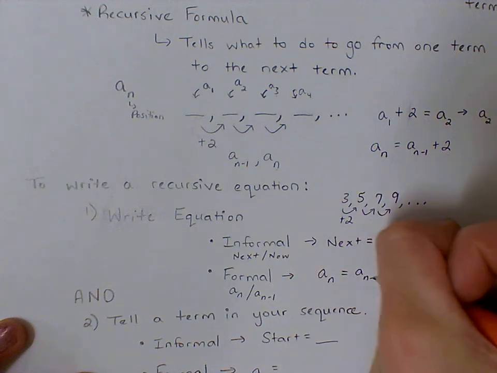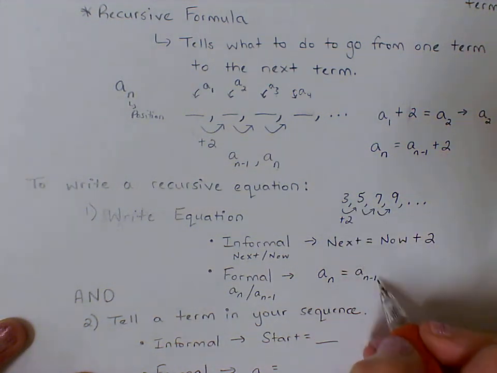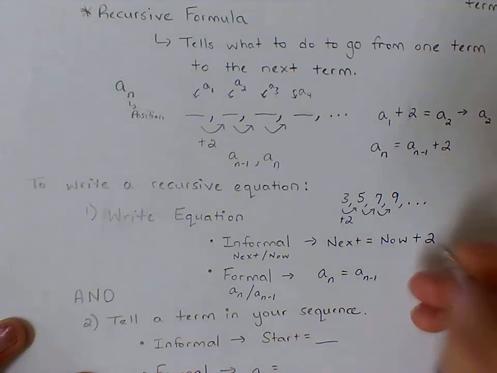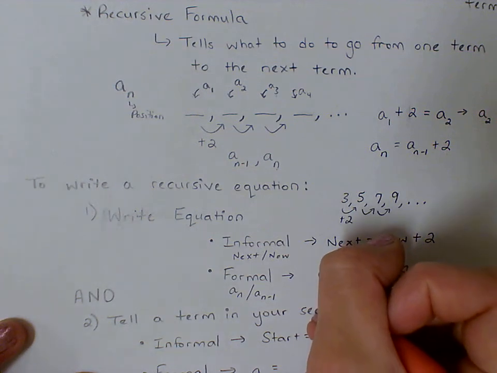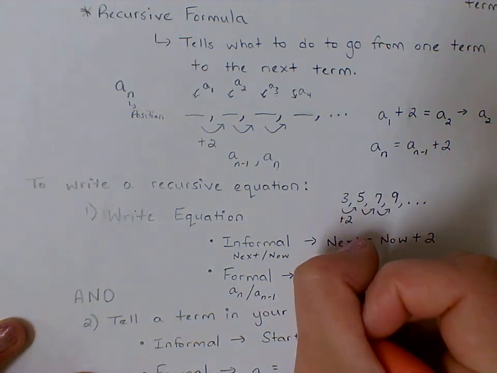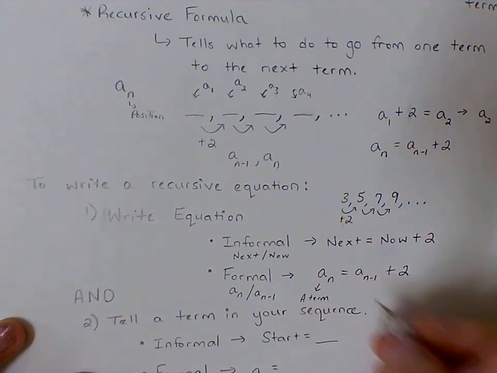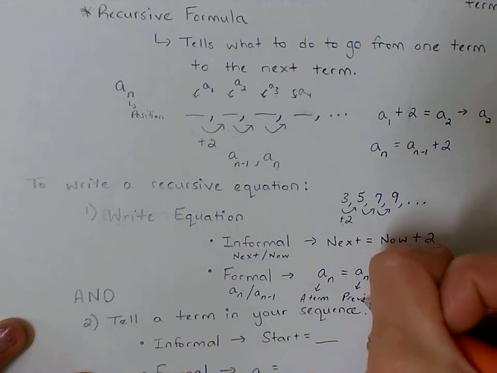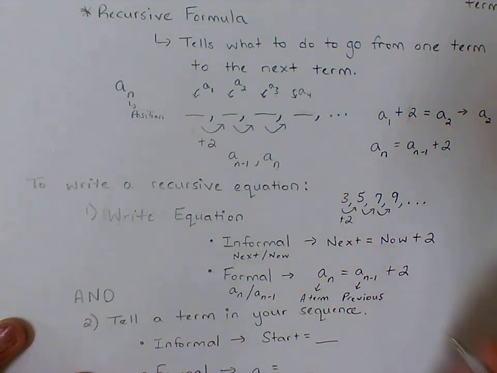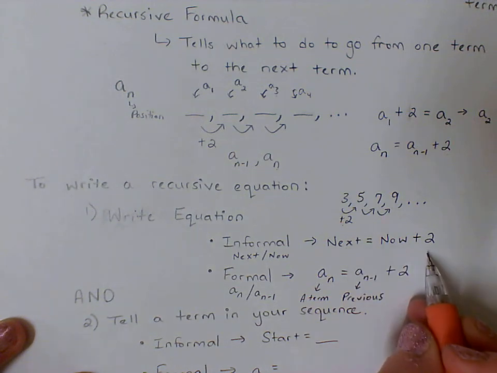In this problem, what are we doing to go from one term to the next? We're adding 2. So you have to take the previous term and add 2, okay? Remember, this is a term in your sequence, so in this problem it's the next term, and this would be the previous term. That is the formal way of writing it, and that's the informal way of writing it, okay?